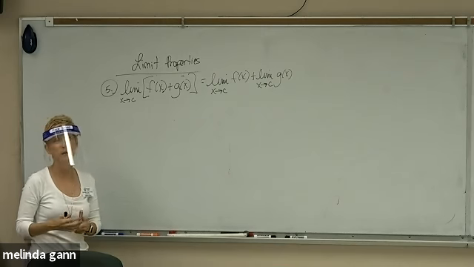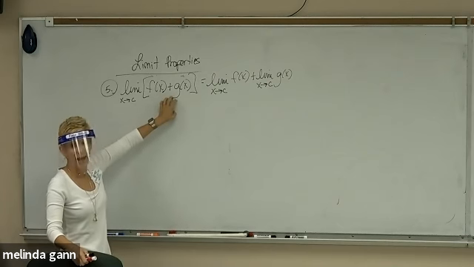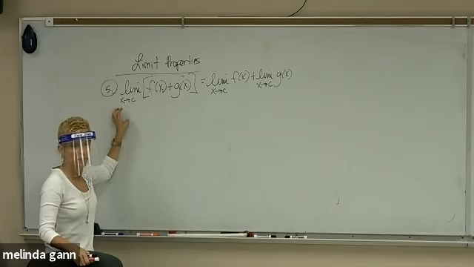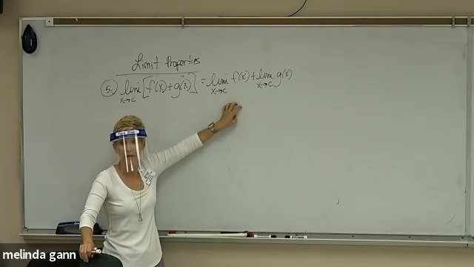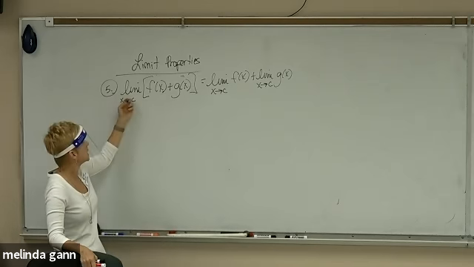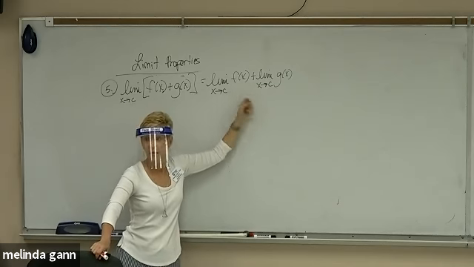Now again, it gives me permission to change the order. Do you understand? On the left side, I've got to add the functions first and then take the limit. But on the right side, I can take the limit first and then add. So this says the limit of a sum is the same thing as the sum of the limits.